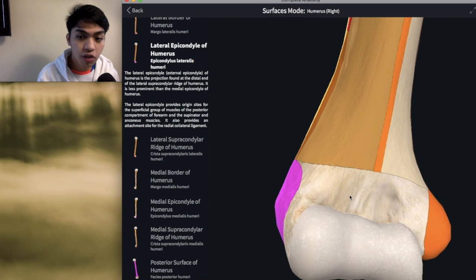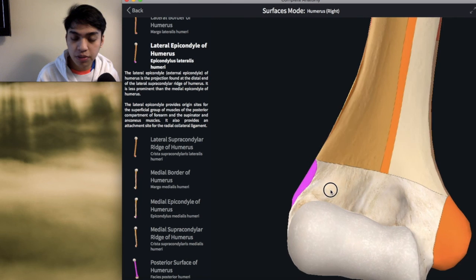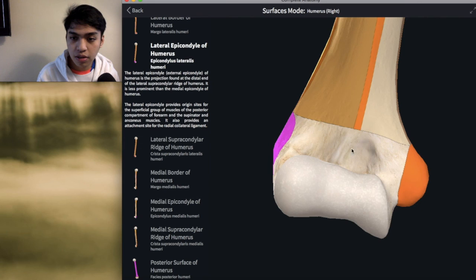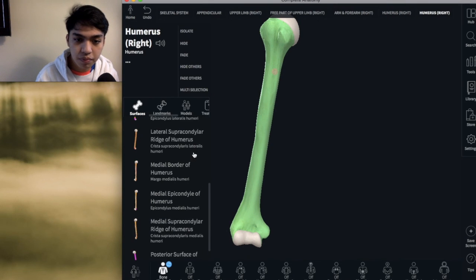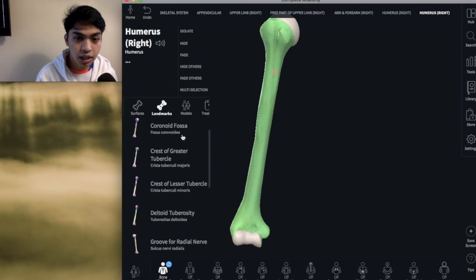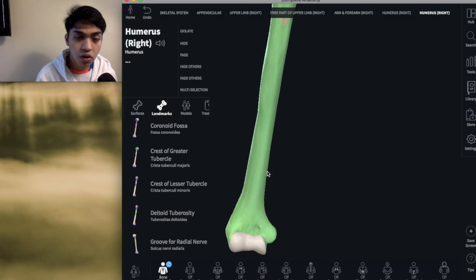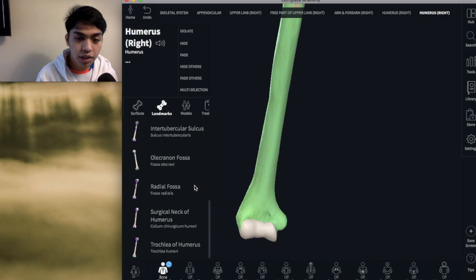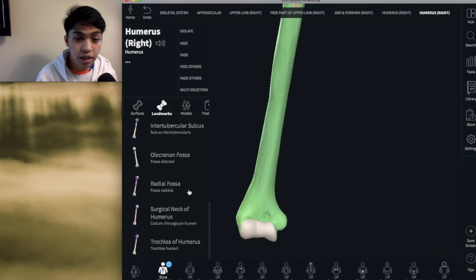And then we have three fossae. Nakikita ba? There's a depression, right? Yan. These two depressions above, beside the epicondyles. For those depressions, we have the fossae, and in the anterior aspect, we have the coronoid and the radial fossa.